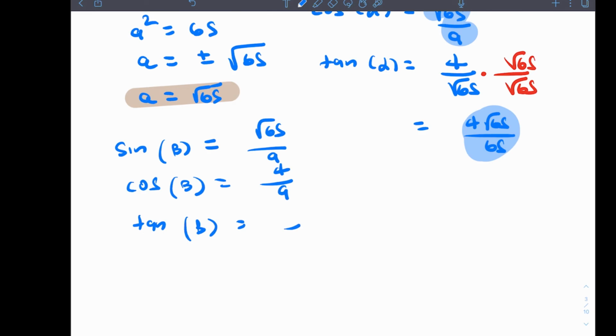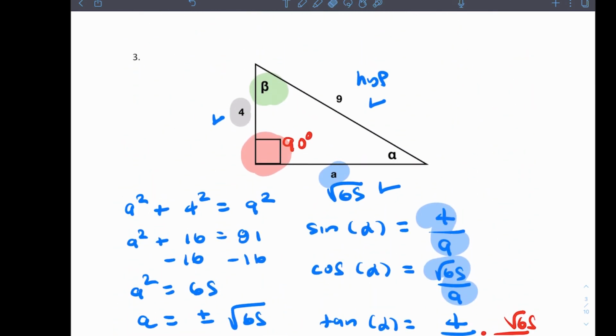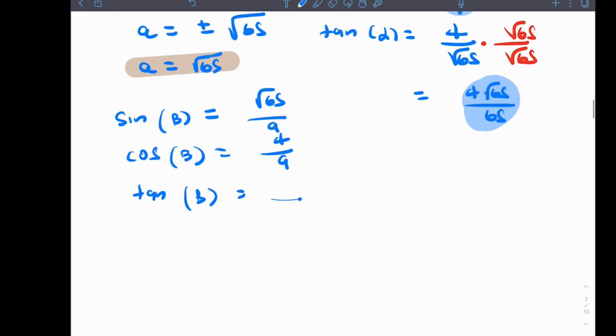Okay, tangent beta. What's tangent beta? Definition of tangent is opposite over what? Adjacent. So that's the square root of 65 over 4.